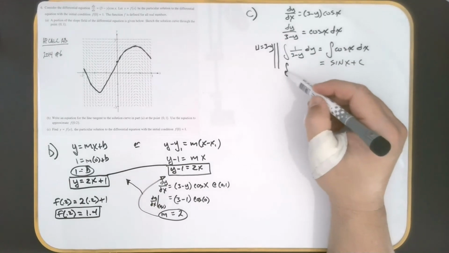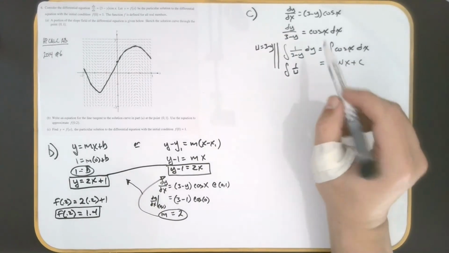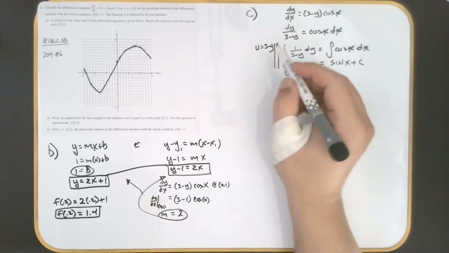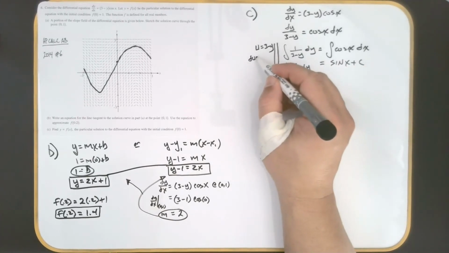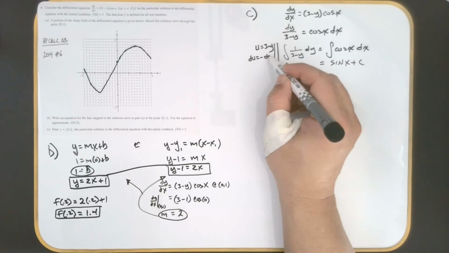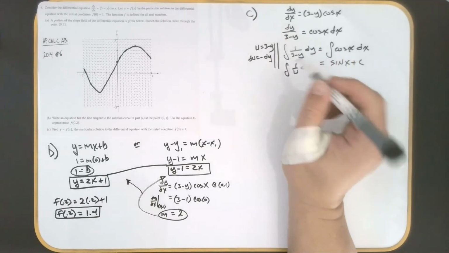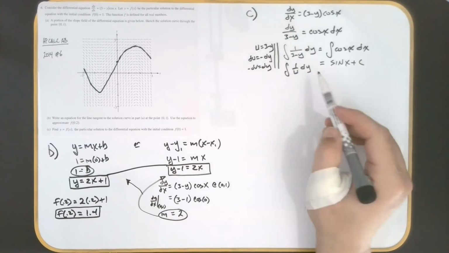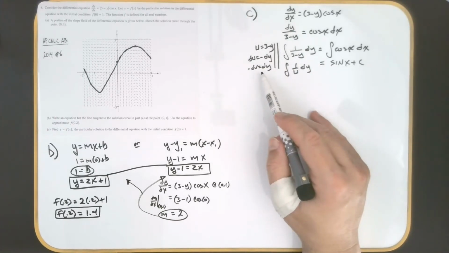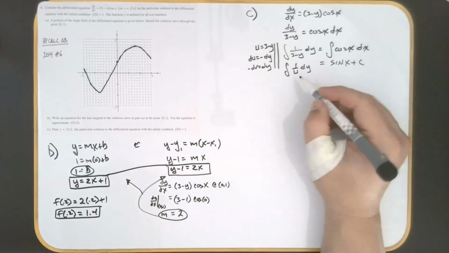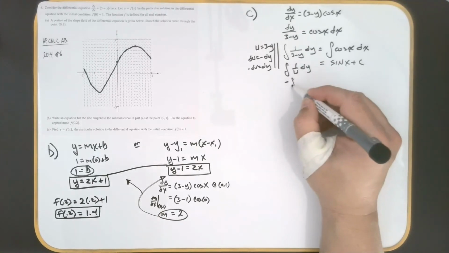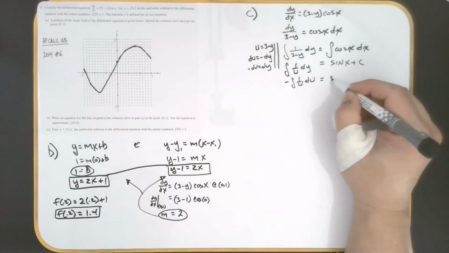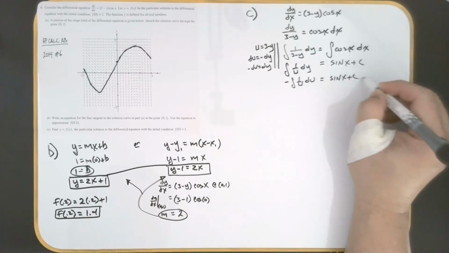In transition here, I'm going to have 1 over u dy. Well, when I take my du, I get a negative dy, so negative du is equal to dy. When I do my substitution, I got to bring in a negative. Got to be careful there. What I wind up getting here is negative the integral of 1 over u du, and I haven't done anything to the right here since it's sine of x plus c.